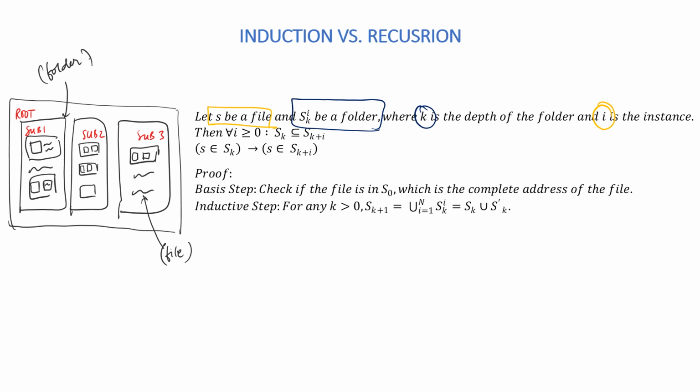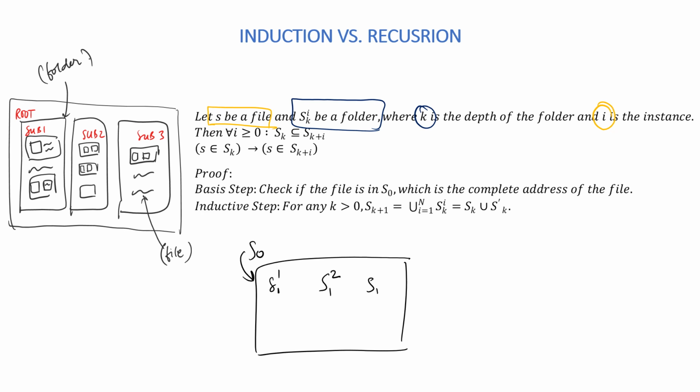So if I were to quickly draw this, you have S1. So this is S0, which is the big folder. You have S1, S11, S12, S13. So this is level 1.